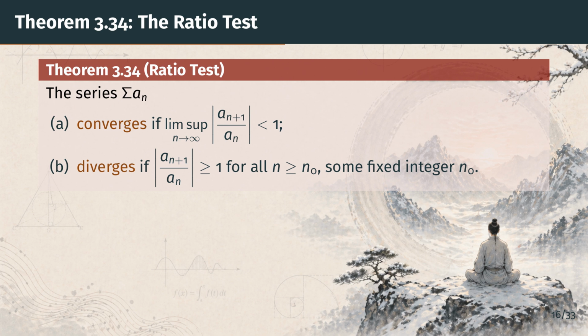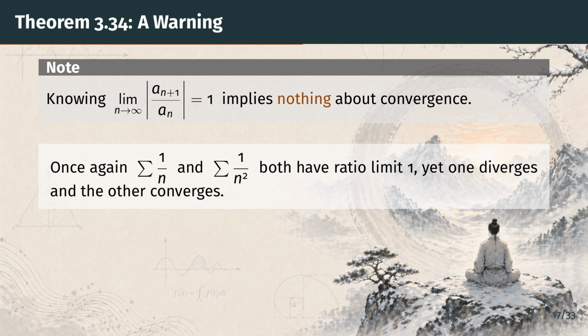This is a stronger requirement than just a lower limit being at least 1, and the proof will show why we phrase it this way. Next, an important warning, exactly parallel to the root test. If the limit of the ratio equals 1, the ratio test tells us nothing.